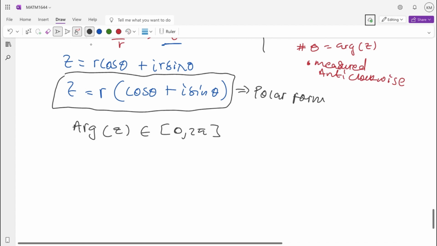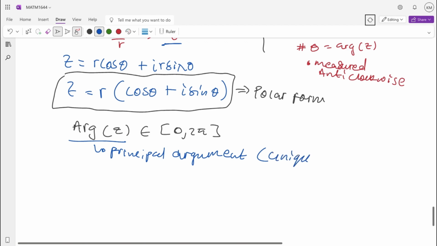So let's look at when the big argument of z is between 0 and 2 pi. This big argument of z is called the principal argument. Before we do an example, let's give it a name. The principal argument is unique. That implies that the angle we're going to find, called the principal argument of z, is the unique angle of that complex number.